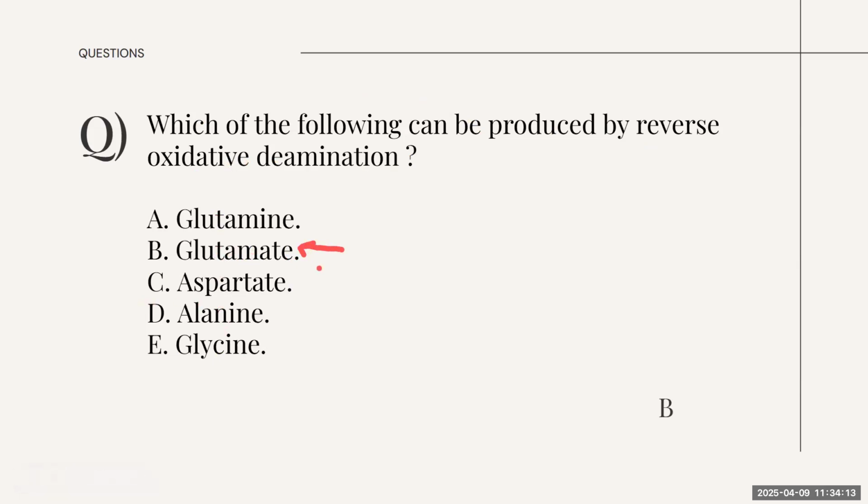Aspartate, no. Aspartate and alanine use AST and ALT, and it's not oxidative deamination, it's transamination. Glutamine has glutamine synthetase as an enzyme, and glycine, I don't know why they put glycine, but here we are.